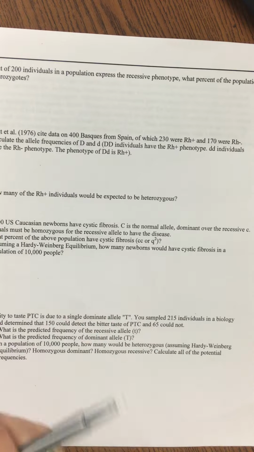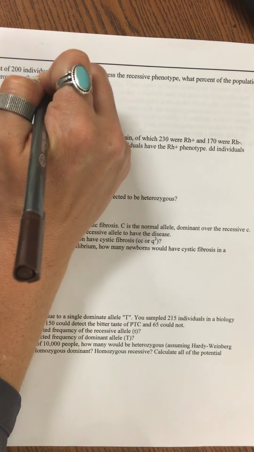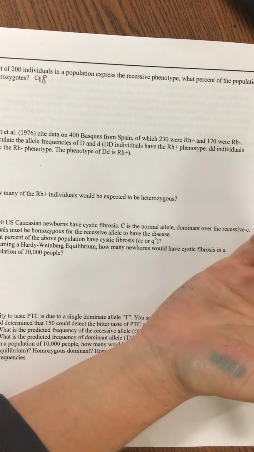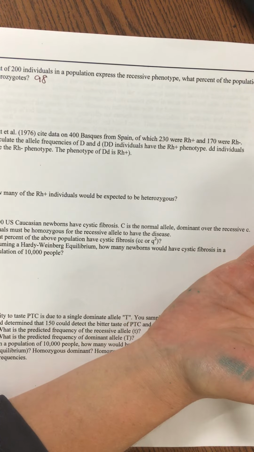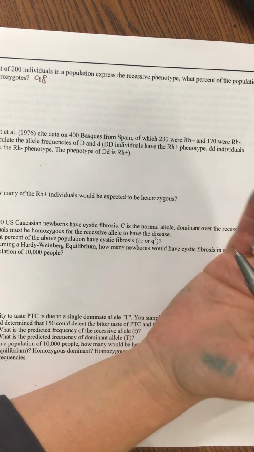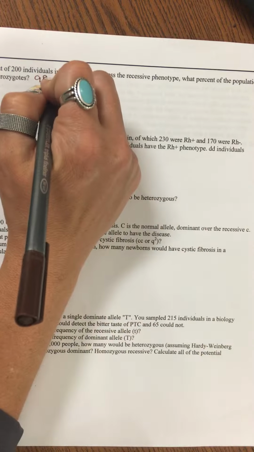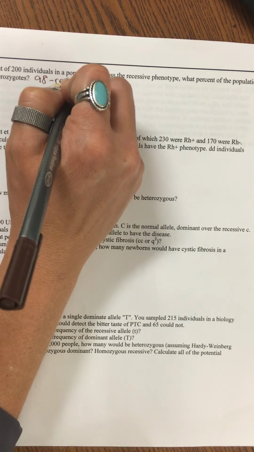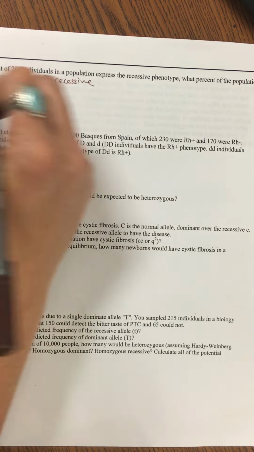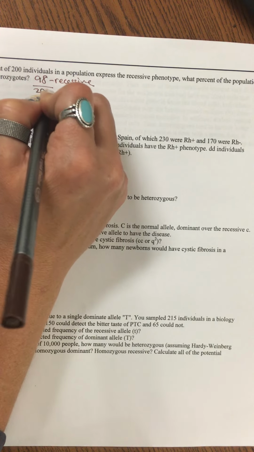Number 4 says 98 out of 200 individuals in a population express the recessive phenotype. What percent of the population are heterozygotes? Okay, so it doesn't tell us any of the traits, but we do know homozygous versus heterozygous. So I have 98 recessive phenotypes, and my total population is 200.